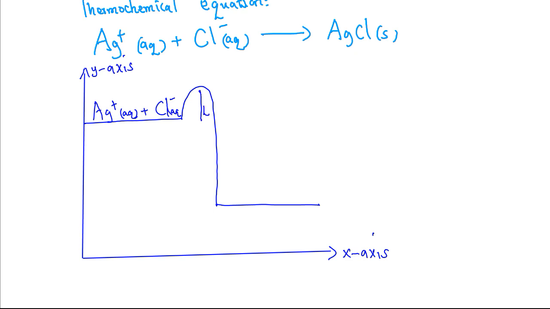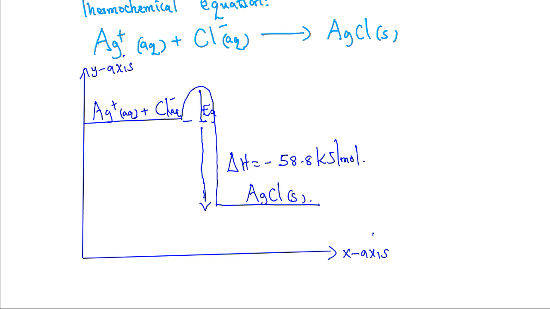Then there is activation energy, delta H is equals to negative 58.8 kilojoule per mole. Then the product formed is silver chloride, which is a precipitate.